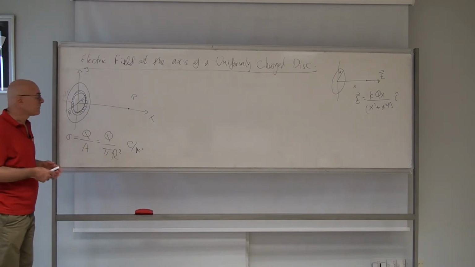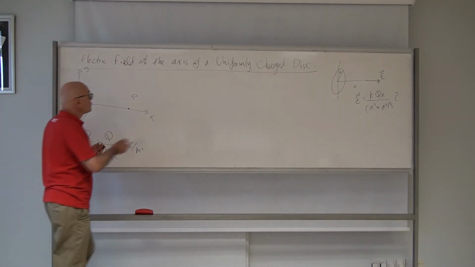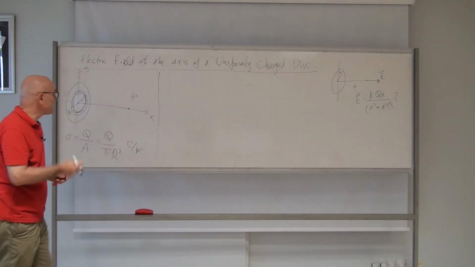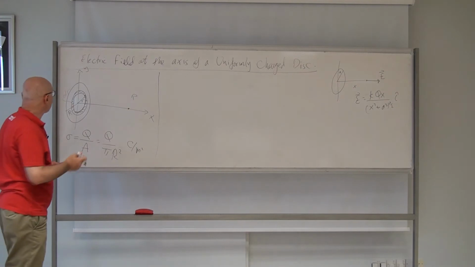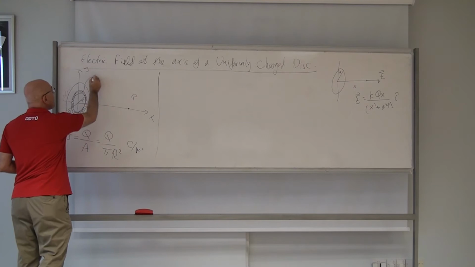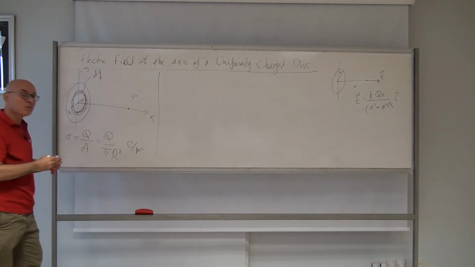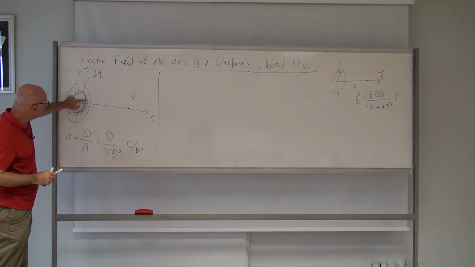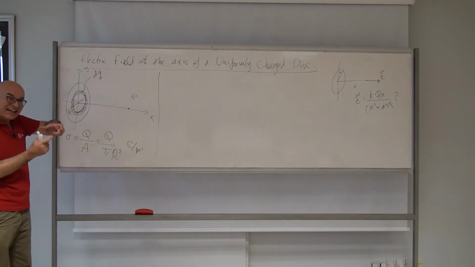Okay, so this is how things unfold. Now we are ready to go to the analysis stage, that is, to quantify things. The first thing is to identify our dq, which is the charge of each of these rings.